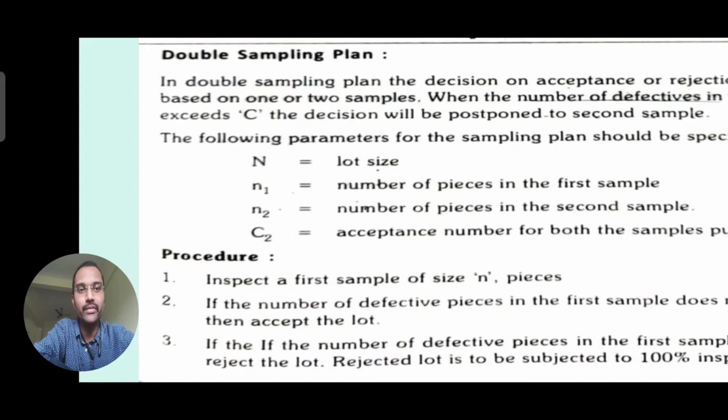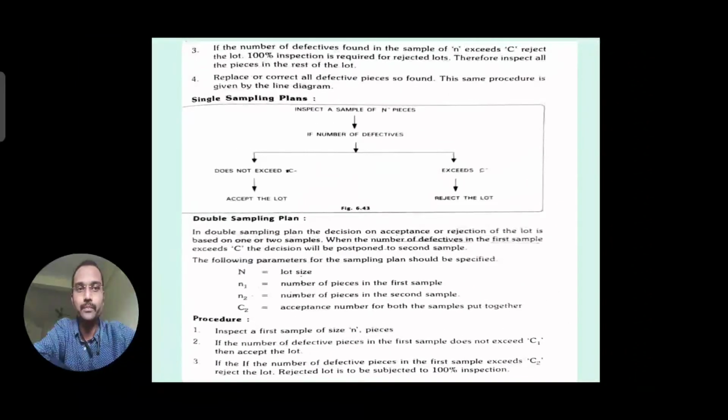Out of that lot of 50 pieces, you have to inspect all the 50 pieces and find the defectives in that, and any defectives found are replaced with good items. That is one thing.